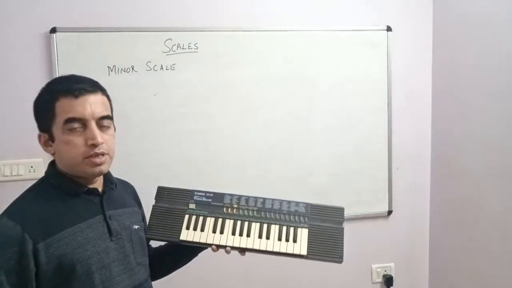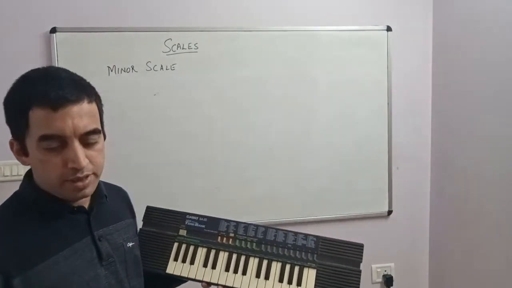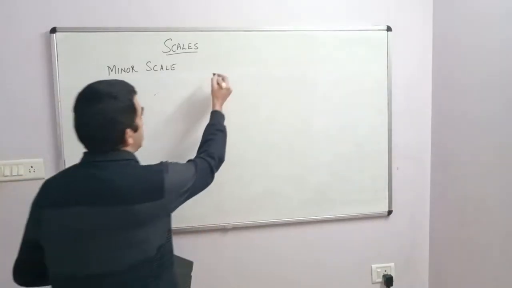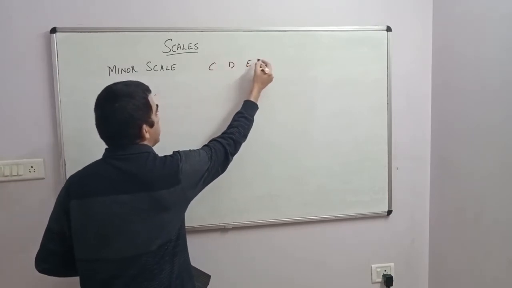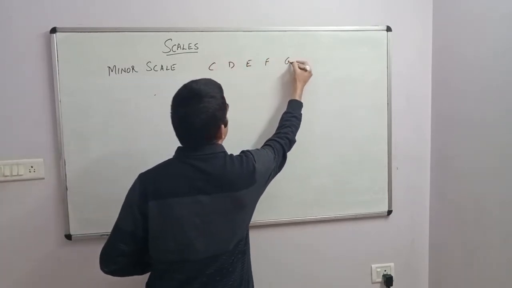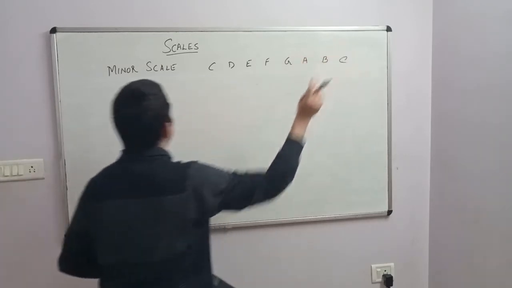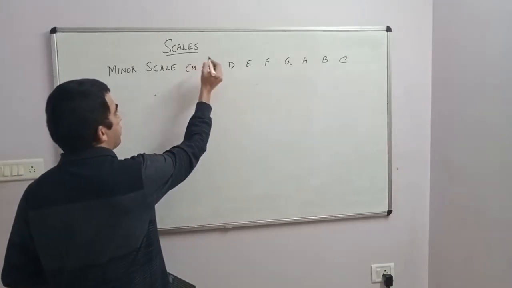It is something called the scales being relative. So if we write the notes of the major scale, it is C, D, E, F, G, A, B and C. Correct? This was the C major scale.